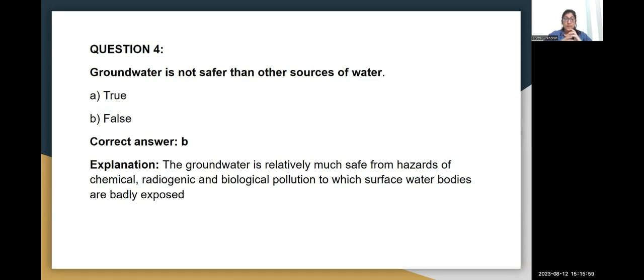Again, we can't say that it is completely pure or of very good quality, considering leaching processes and contamination because of landfills and all.